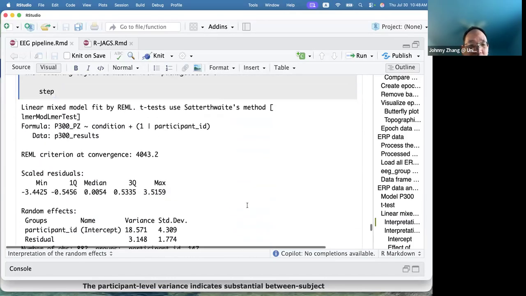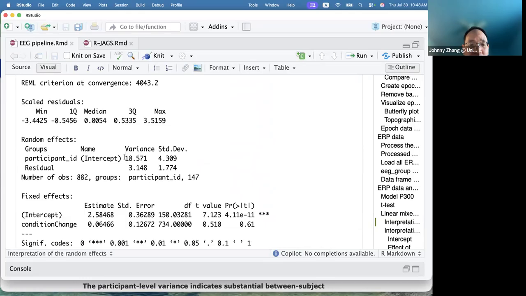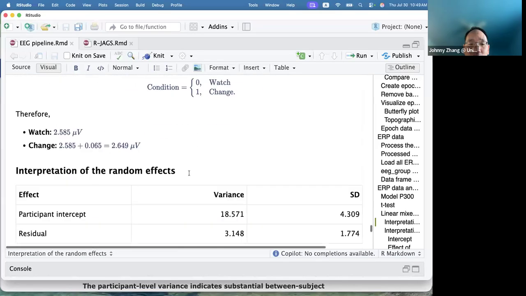In regular mixed effect modeling, it does not conduct a test on whether this variance parameter is significant or not. But for the fixed effects like here, we do have the test, like a t-test. If you want to do a test on the variance parameter, you can use the likelihood ratio test.